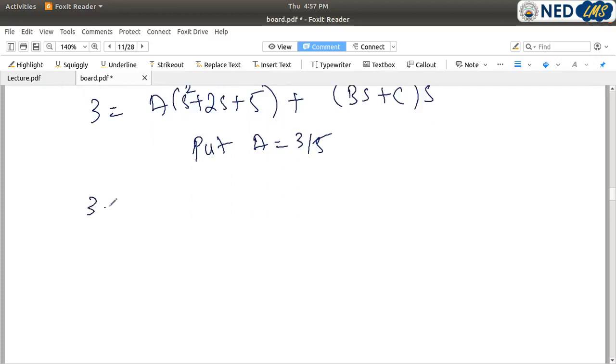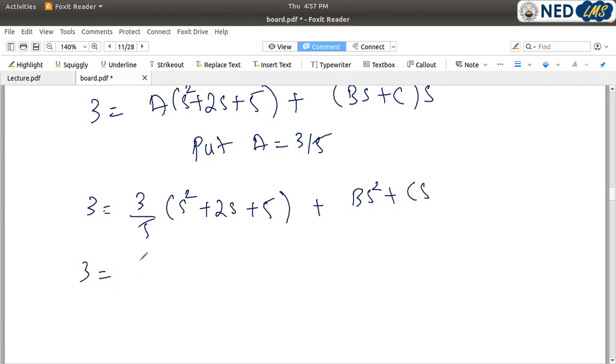So 3 is equals to 3 over 5 into s square plus 2s plus 5, and this will become bs square plus cs. 3 is equals to 3s square over 5 plus 6s over 5 plus 3 plus bs square plus cs.